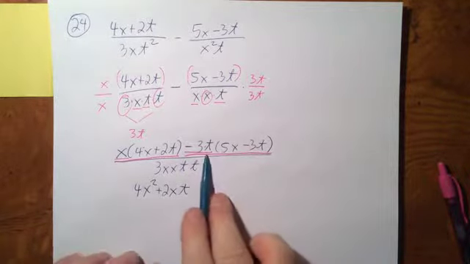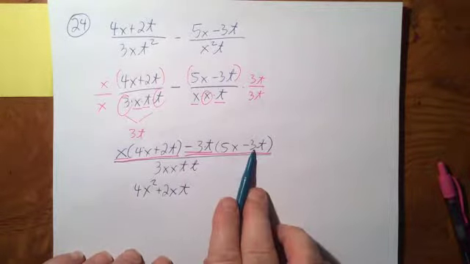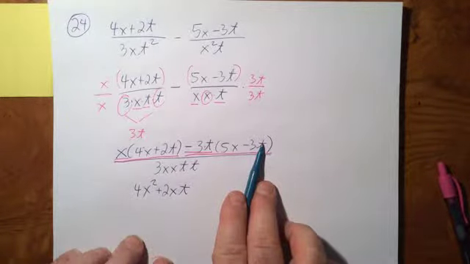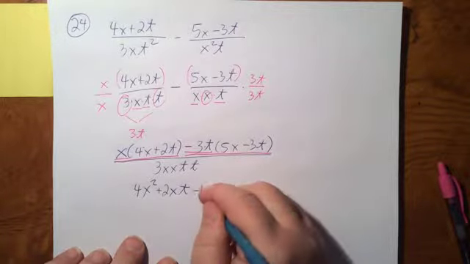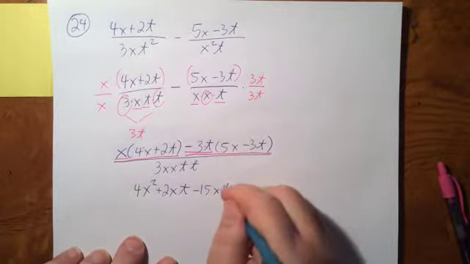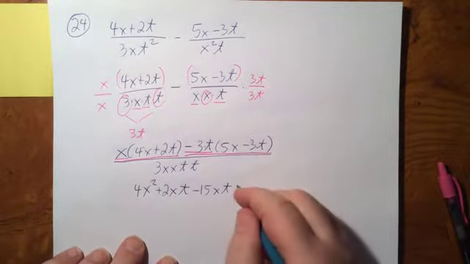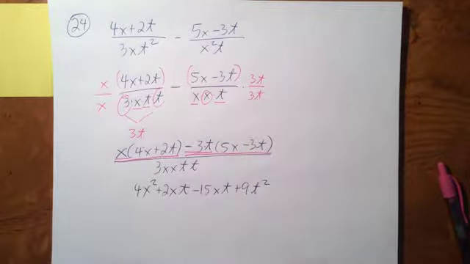Watch signs now. We're not only going to distribute the 3t, but the negative through, thus switching the signs on the inside. So by distributing it through, it has the same effect of making it addition and switching the signs. Just cleaner. Negative 3t times positive 5x will be negative 15xt. And then negative 3t times negative 3t will be plus 9t squared.